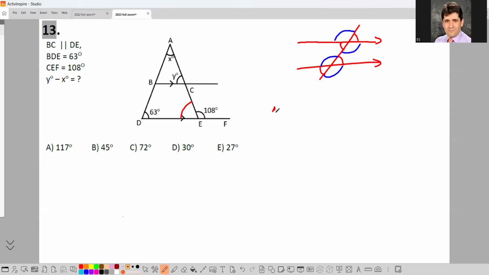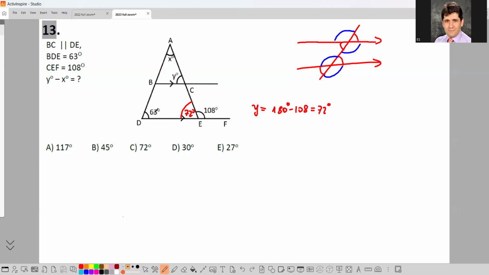So 180 degrees minus 108 is 72 degrees. So this angle is 72 degrees. That also corresponds to the angle y, so angle y is 72 degrees. These two have the same measure.